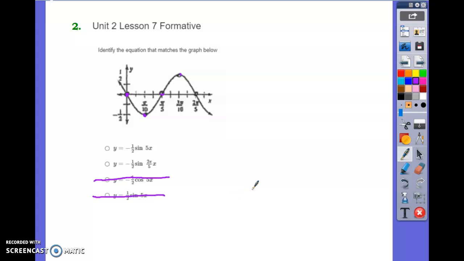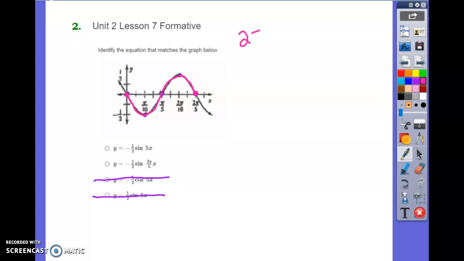The next thing we need to do is find the period. If I go from here all the way back, 1 low, 1 high, looks like the period is 2 pi over 5.